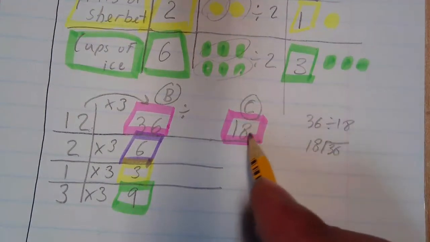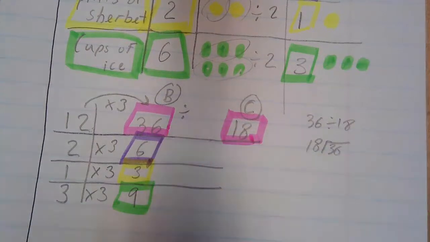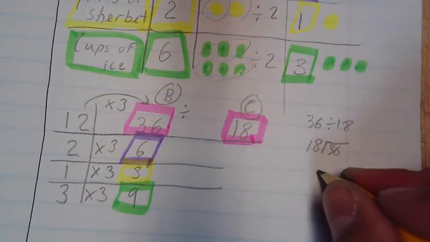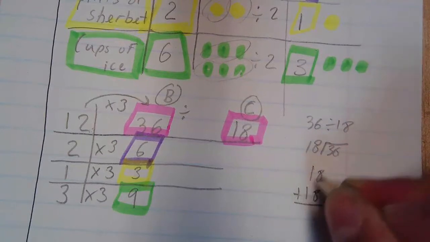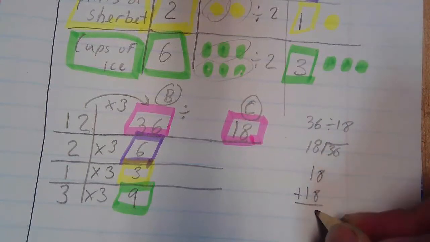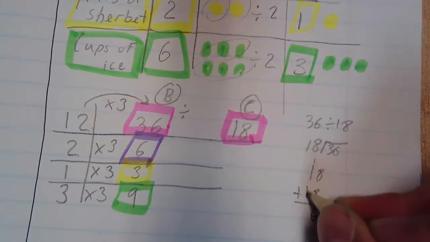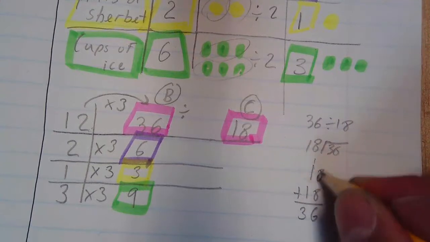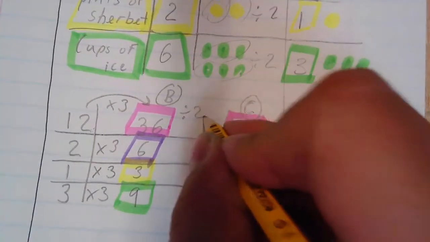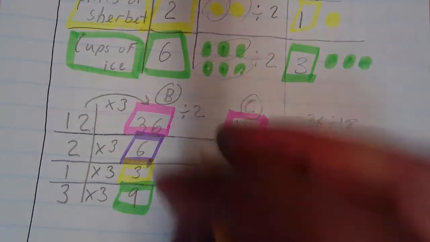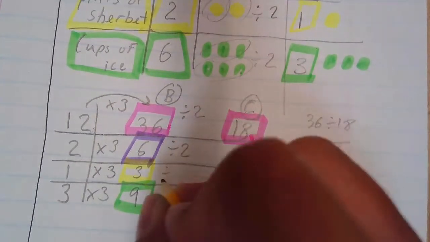Or you can keep adding until you get to that. You can do repeated addition, which is kind of what multiplication is, right? If I have 18 and 18, that's 8 plus 8, 16. 1 plus 1 plus 1, 3. Oh, my goodness. I have enough for two groups. So that means I can break this up into two groups.